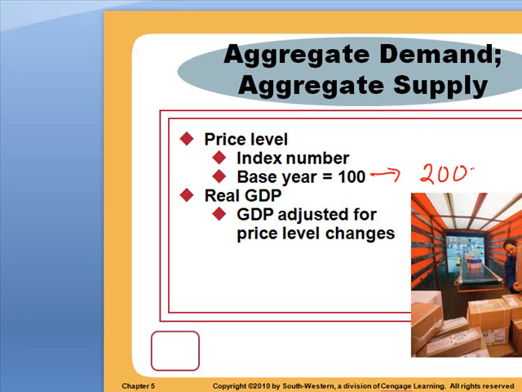All right, so when I'm looking at price levels, we take a particular base year. Currently what's used in the data is that we look at 2000. And we say, okay, we've got this government agency that looks at a particular basket of goods. It may be milk in there and bread, and maybe at the time it might have been CDs, although most of us don't buy those anymore, or shoes and t-shirts.